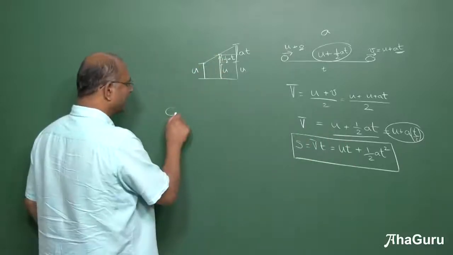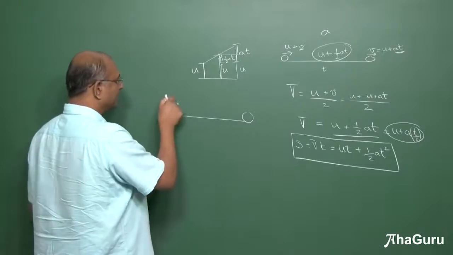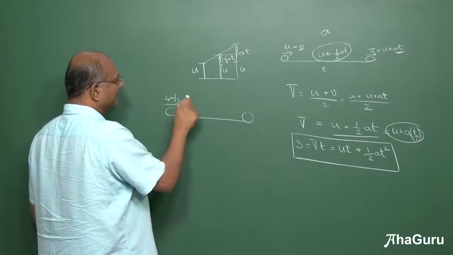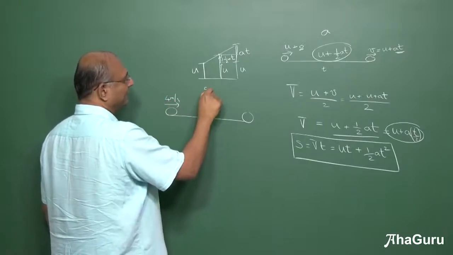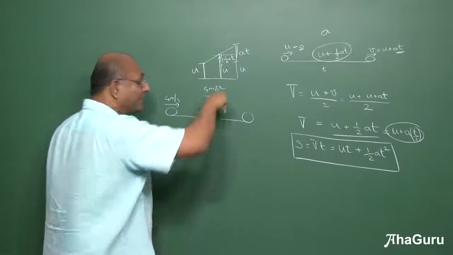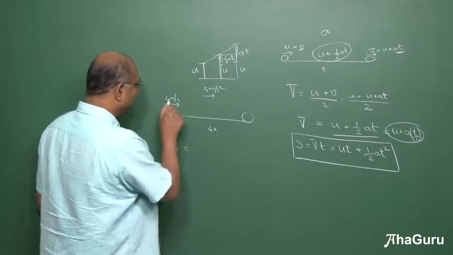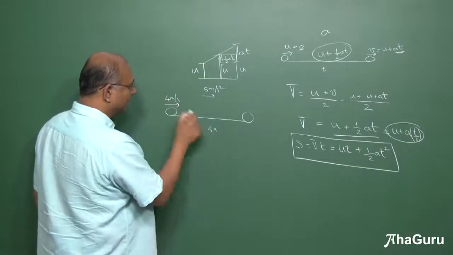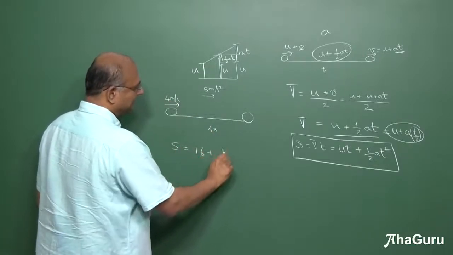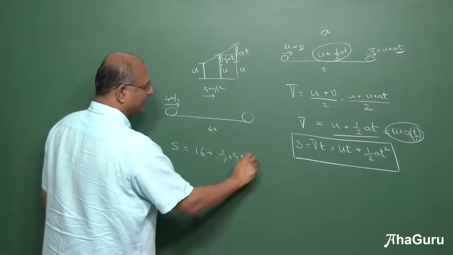How do I use this? For example, if an object was moving like this, let us say with 4 meters per second and had an acceleration of 5 meters per second square for 4 seconds, I don't need to calculate v. I can directly write displacement is ut plus half at square.